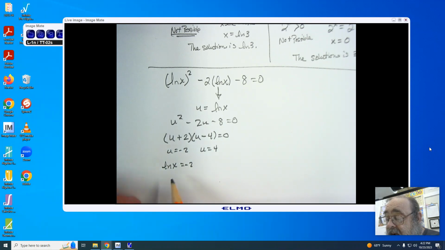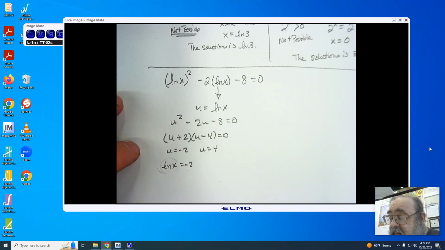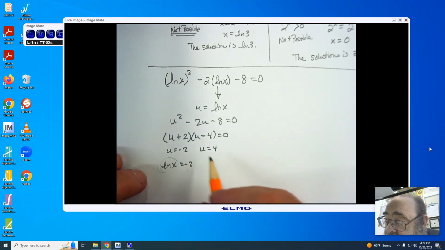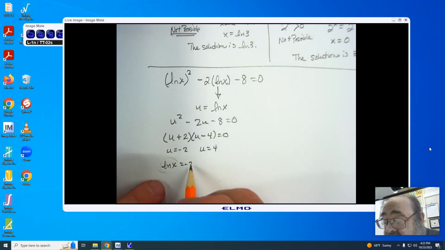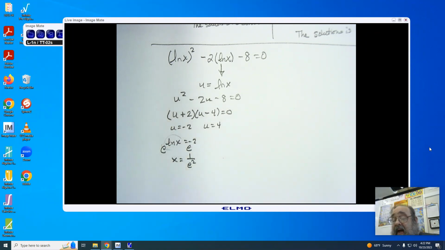And you'll notice we might think that there is no power of x that will make my power of e into a negative 2, because this will always end up giving me positive results. If you wish, you can look at it and think about it for a minute. I can get a negative result from this, and I'm going to exponentiate just to make sure. And yes, x equals 1 over e squared. So that does have a solution. So I had to be careful.